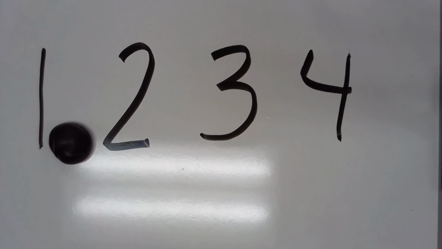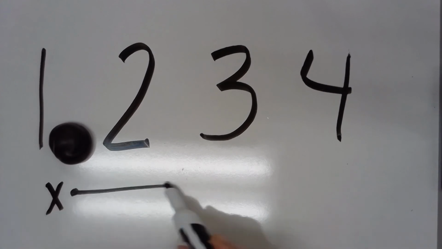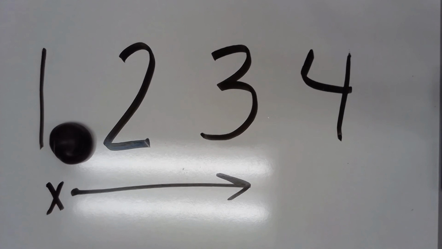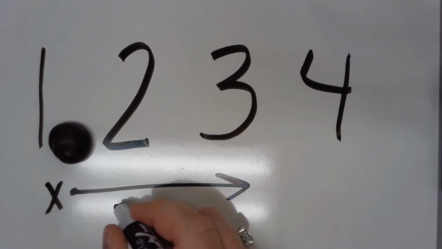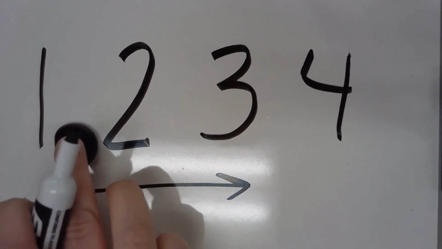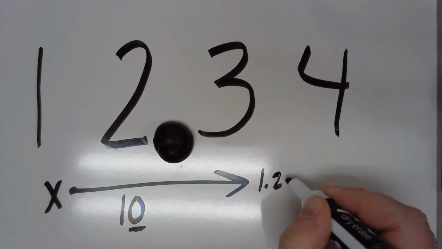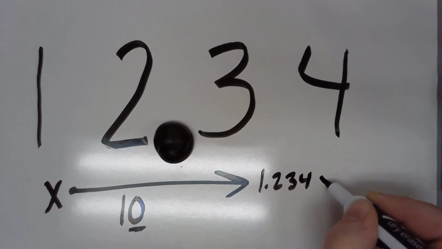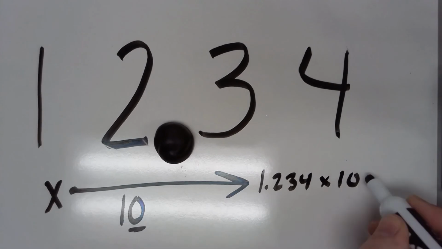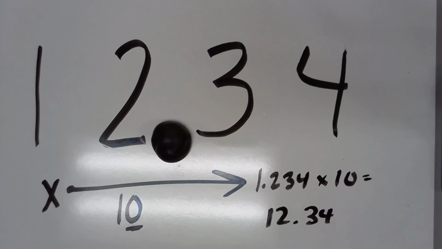When we multiply, this decimal is going to move to the right. And you're saying, well, how do I know how many times? Well, I said multiply by 10, and there's only 1 zero, so 1 time. So you can say 1 and 234 thousandths times 10 is equal to 12 and 34 hundredths.